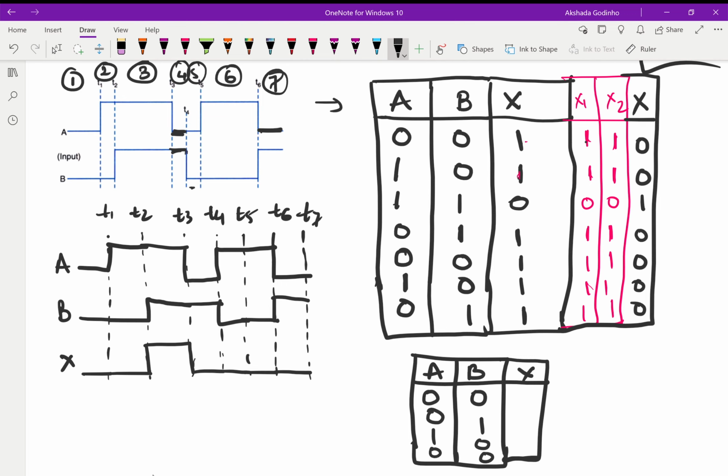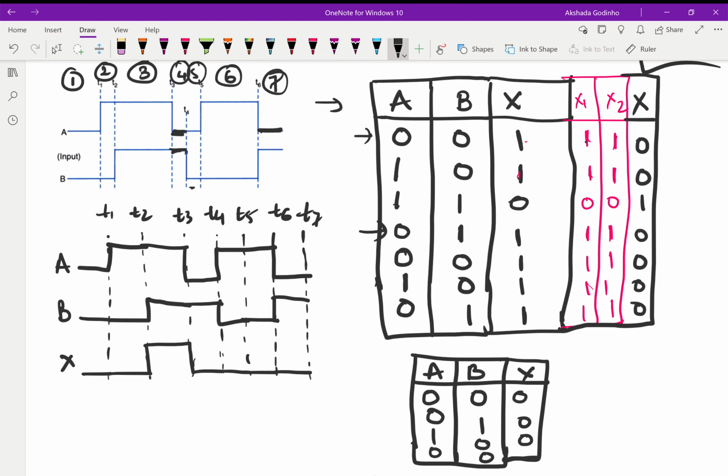Okay, so we can find out that at the input over here at 0, 0, answer is 0. So you should have a fair idea which gate this could be. Then second one, where is second one? I can find it here. 0 and 1, output is 0. Then we have 1 and 0. Where is 1 and 0? Output is 0.